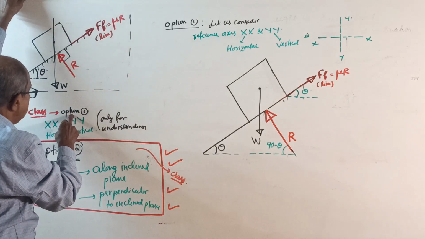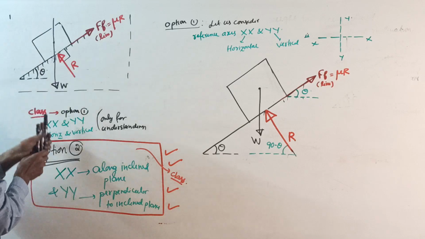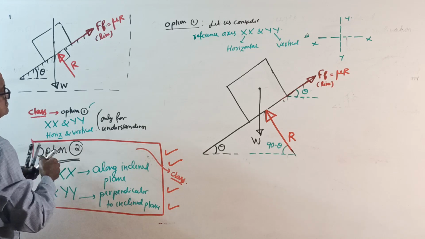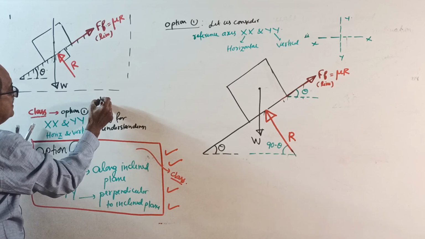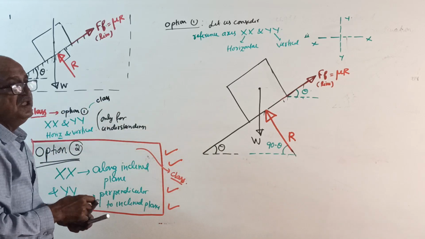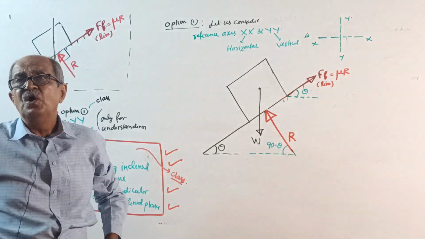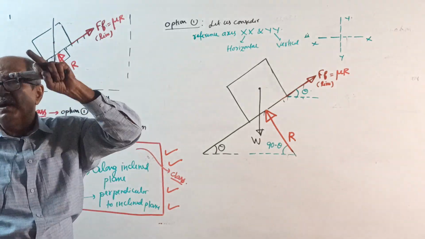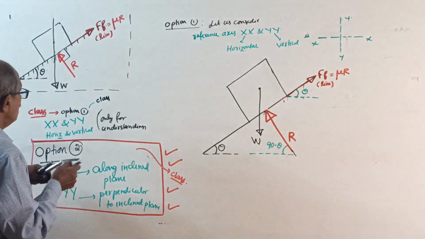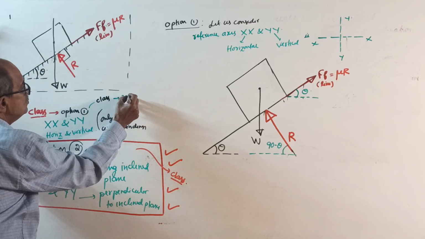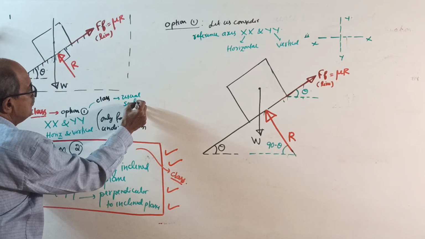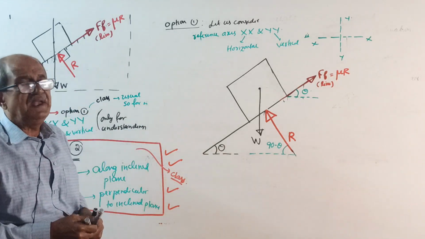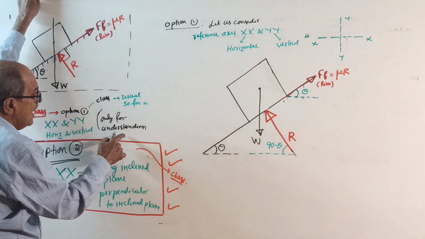Now, option 1. This advantage I told, the popular version of considering x along the plane, y perpendicular, we will not do here. We will go for our usual pattern so far: x horizontal, y vertical. But remember, it is only for understanding.